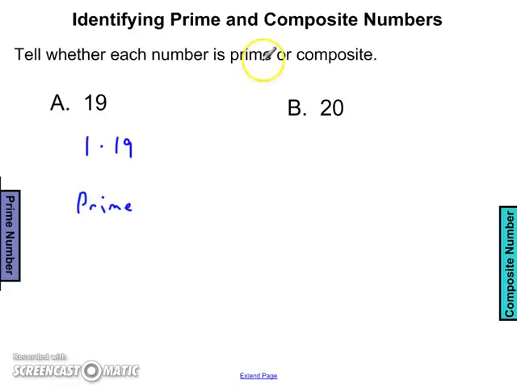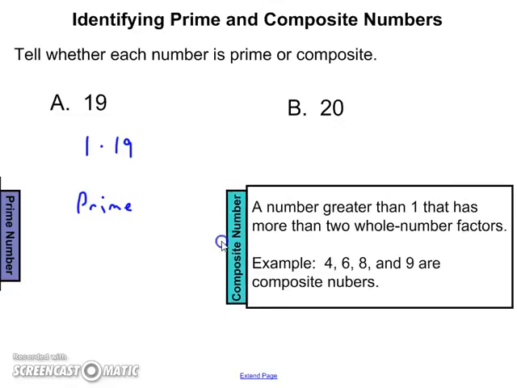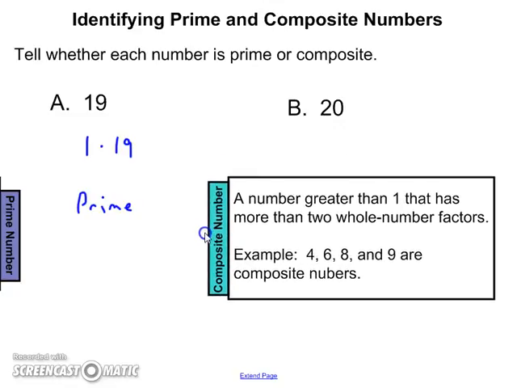But then we get to 20, and yes, I did this on purpose. I bet you can guess that 20 is a composite number. Composite numbers are numbers also greater than 1 that have more than 2 whole number factors. So it can be divided evenly by other numbers other than 1 and itself.